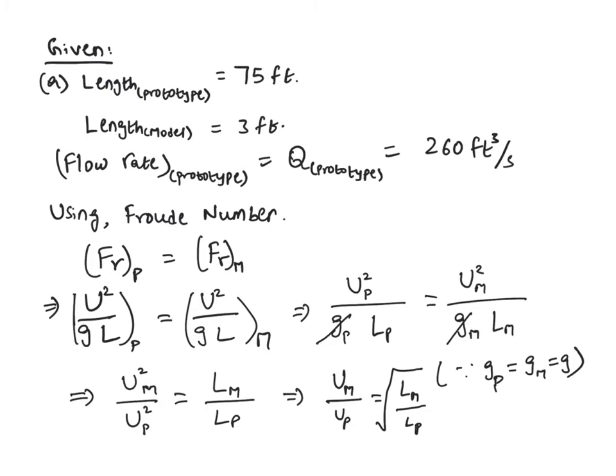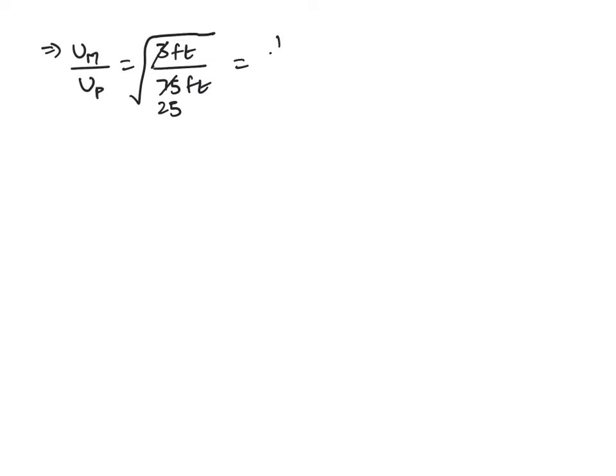Given the conditions, LM was 3 feet and LP was 75 feet, which implies UM over UP is equal to, substituting them here, 3 feet divided by 75 feet, everything under root, so that is the square root of 1/25, which would be equal to 1/5.